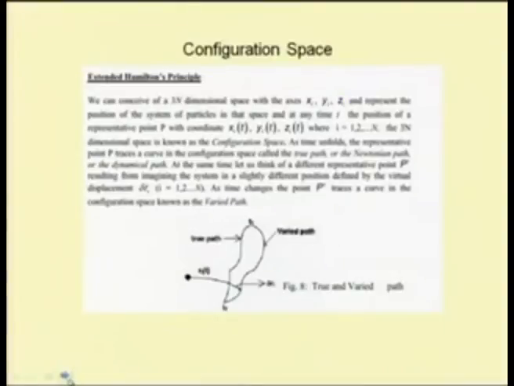Now we can see what we mean by the configuration space. Let us say we have n number of particles in a body. We can represent the position of a body using the Cartesian coordinate system x, y, z.